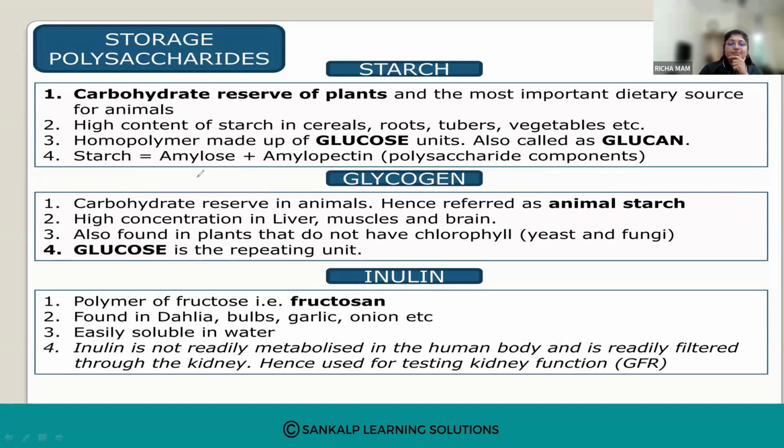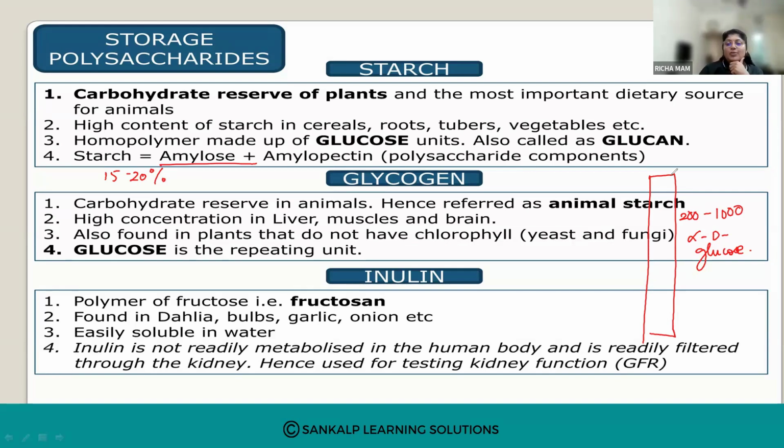So amylose is a water soluble component with a long straight chain structure, consisting of about 200 to 1000 alpha D glucose units held by glycosidic linkages.